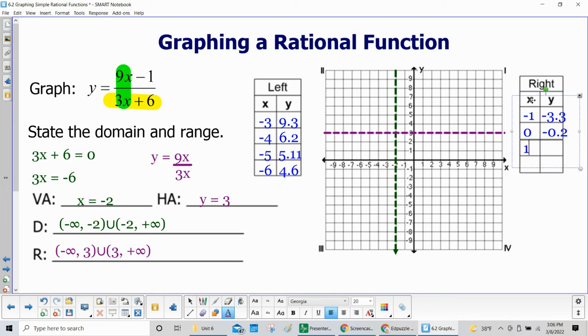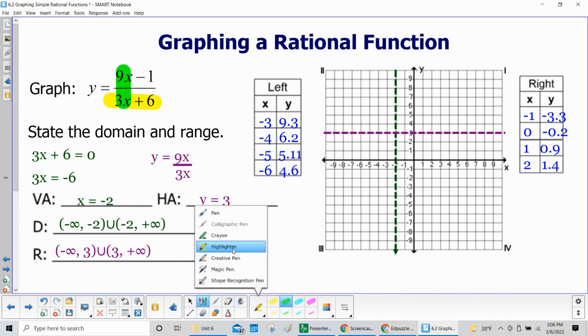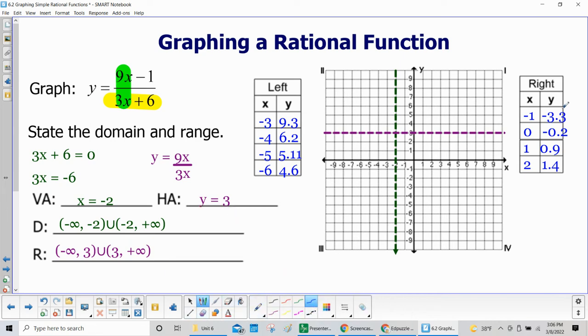I'm going to do 1, which ends up being about 0.9, so we're just under the 1. And then 2, I'm going to use about 1.4, which is the number that I see in my calculator. And so then again, just like we did before, I'm going to grab and color or plot these points.